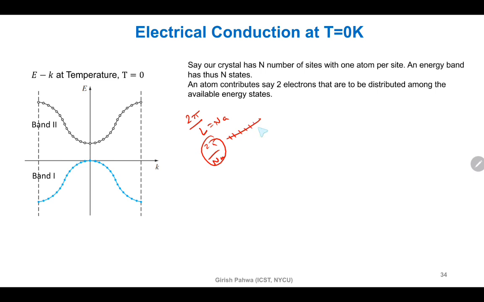You have these k values through the periodic boundary condition. The difference between two k values is 2 pi by Na, simply the length of the crystal. Just recall that. So if I count them, they will be equal to the number of sites.